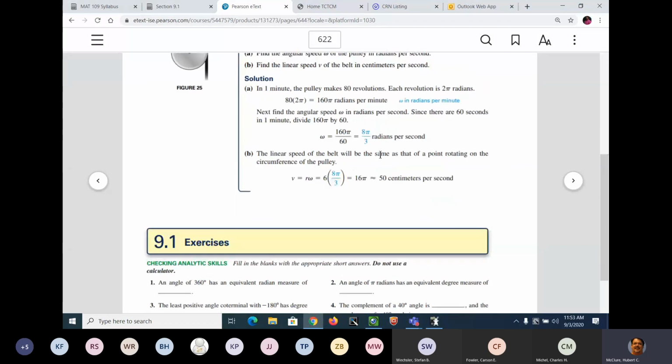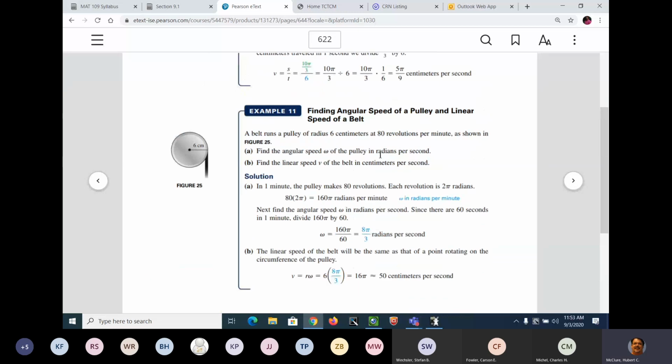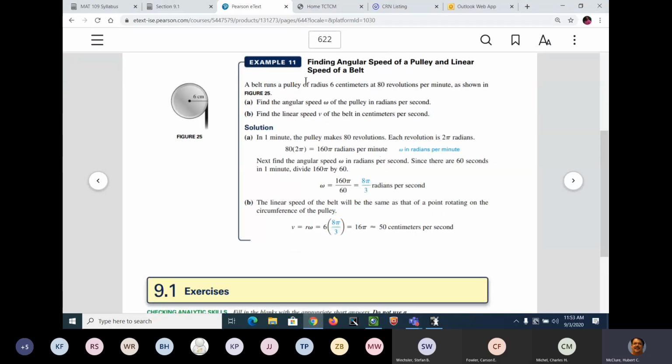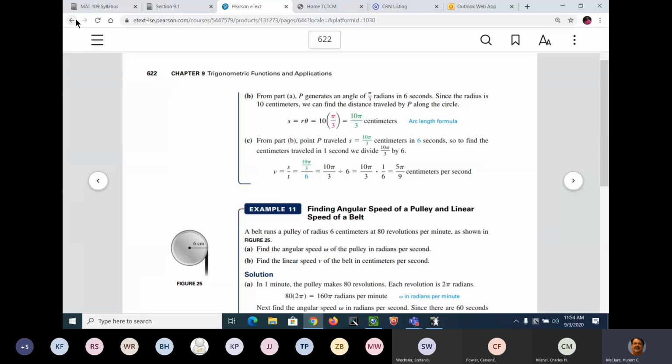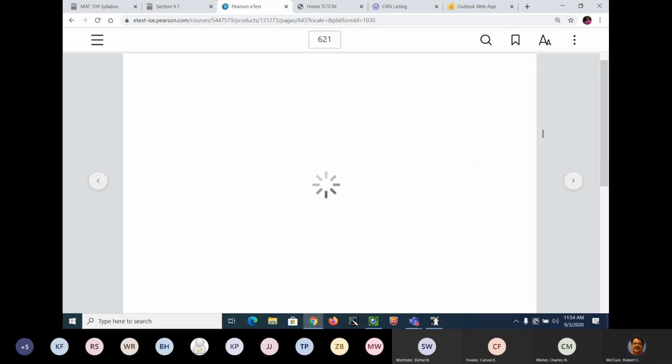Okay, here's one right here. A belt runs a pulley of radius 6 centimeters at 80 revolutions per minute, as shown in the figure right here. Find the angular speed of the pulley. Well, up here, angular speed, let me go back because they've got that. I thought we'd covered everything, sorry. Let me cover angular speed, which is another formula.